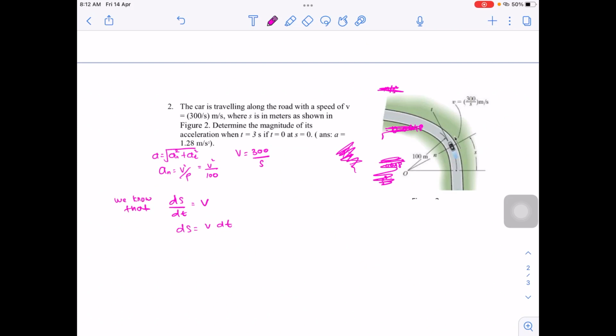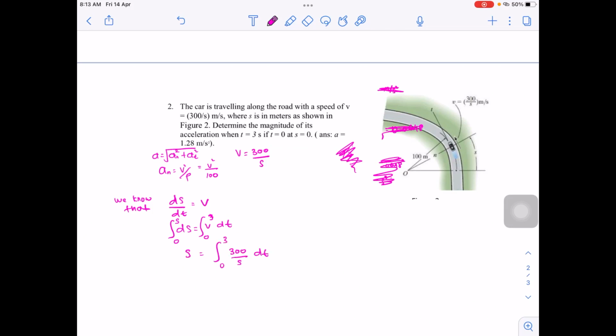Okay, so you integrate this, from t equals 0 to 3, and from 0 to S. S, ds, you integrate, you get S. V is given as 300 over S, dt, from 0 to 3.